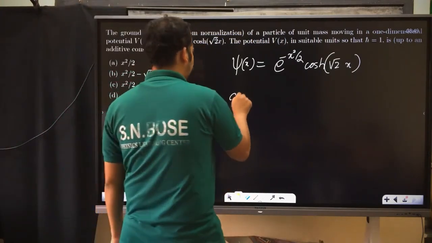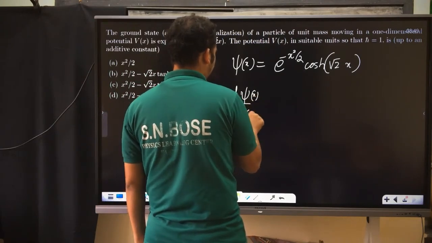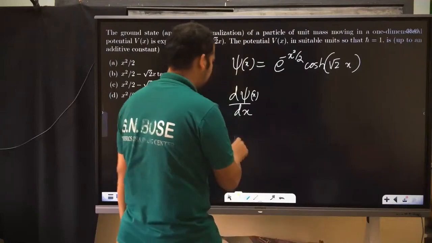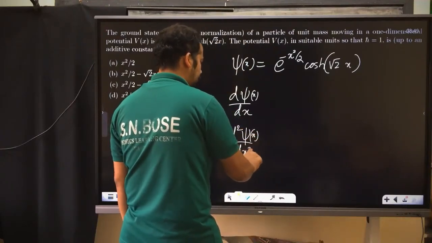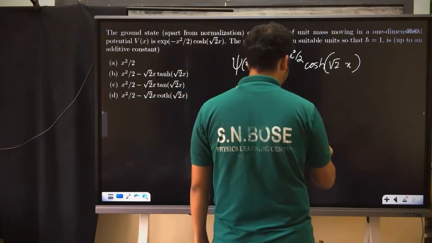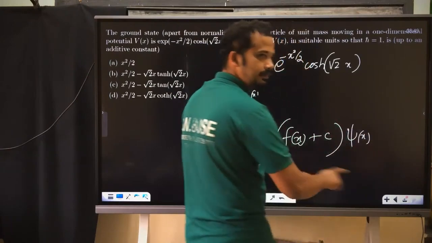What you do is slowly find its first derivative, d psi of x by dx. Try to separate psi here itself. Then take d squared psi of x by dx squared. That can be written as some f of x plus some constant into psi of x again. Check that out.